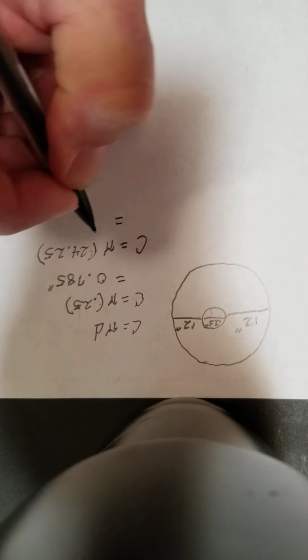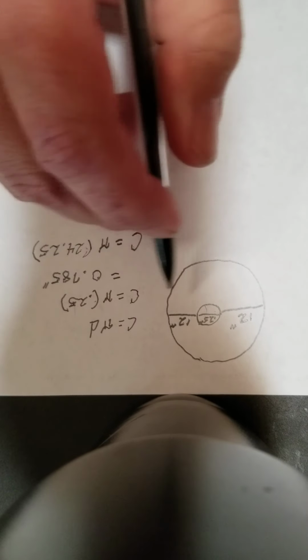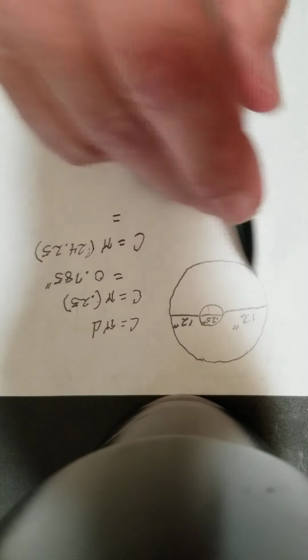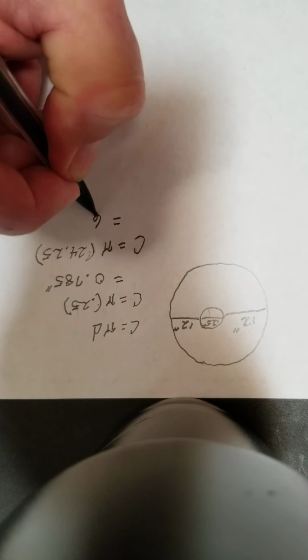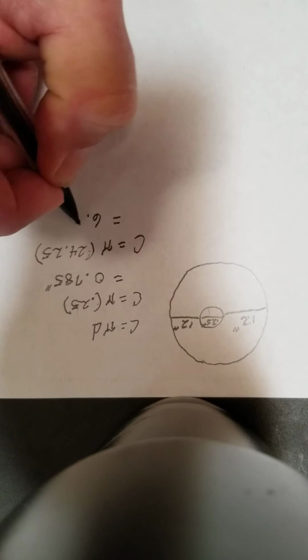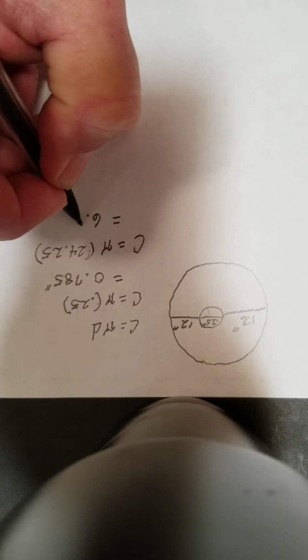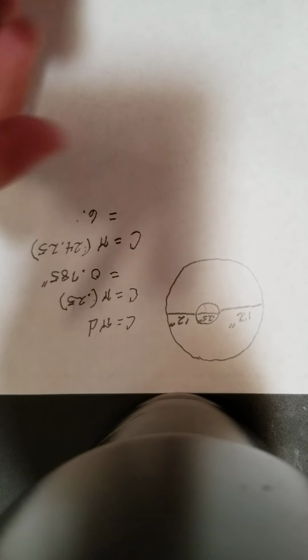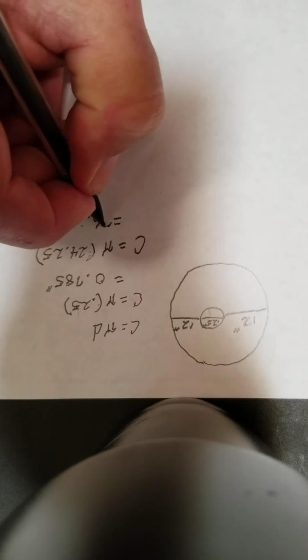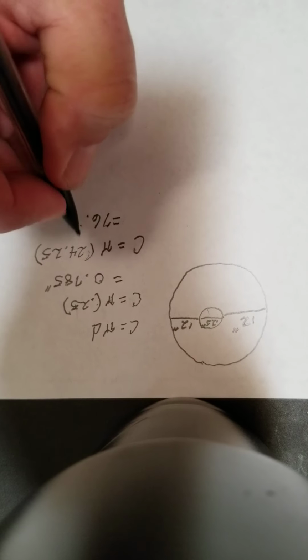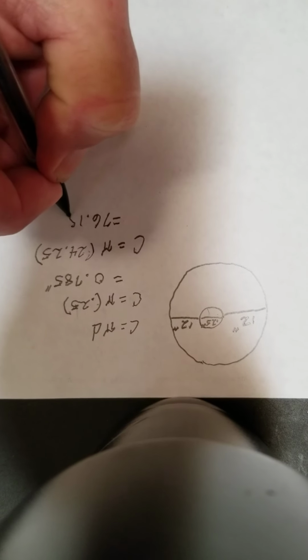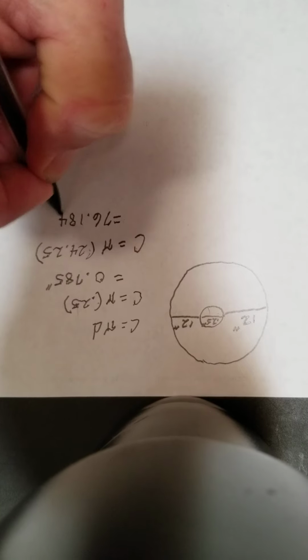And when we put that in the calculator, we're going to find that now the distance around our circle is 76.184 inches.